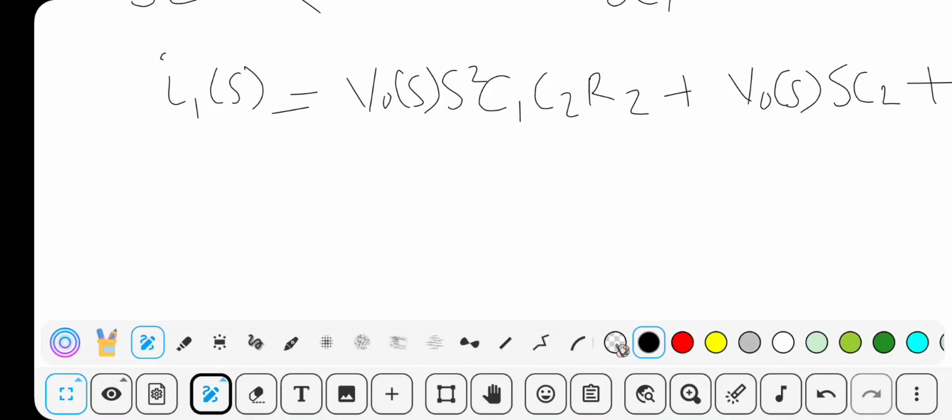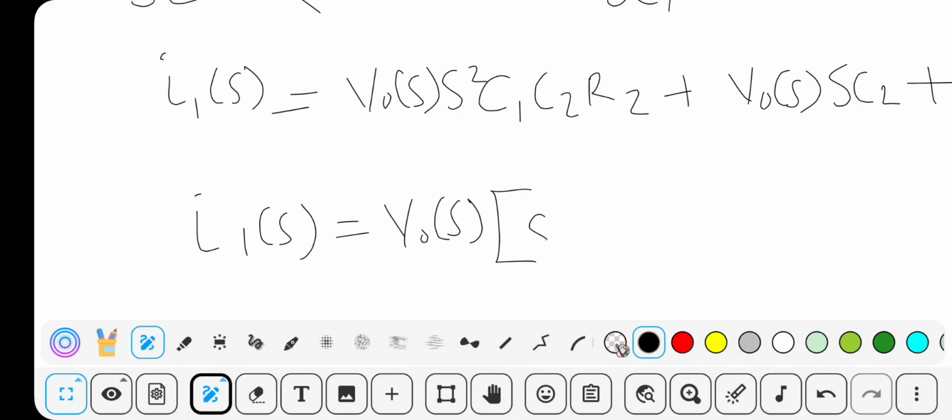So now we can factorize from here. V naught of S is common, so this will be S squared C1 C2 R2 plus SC2 plus SC1.